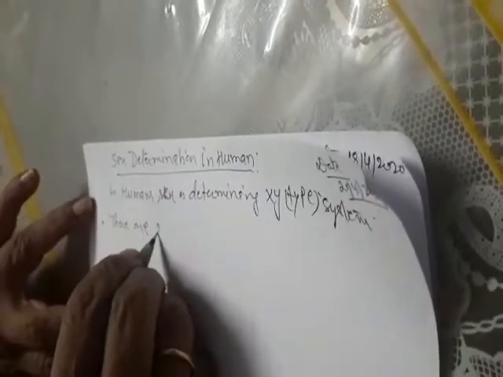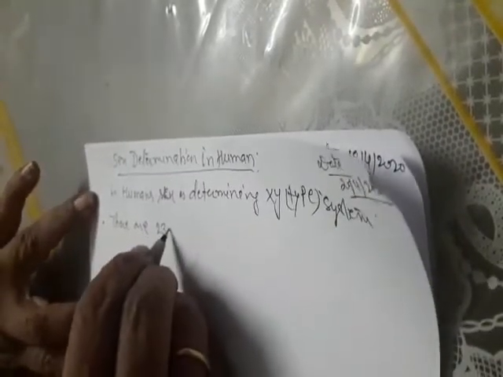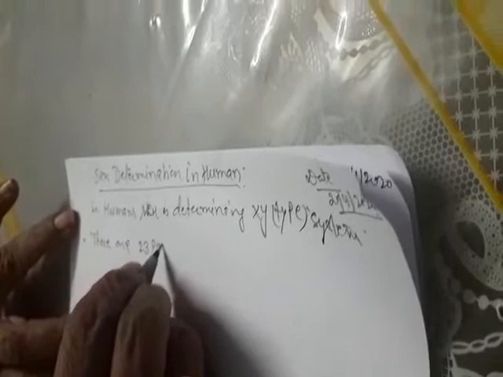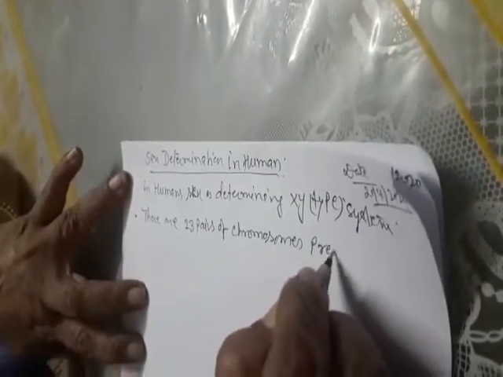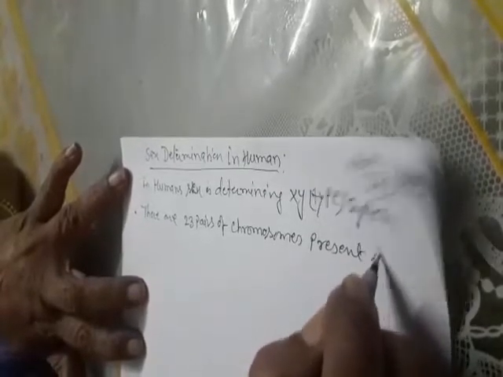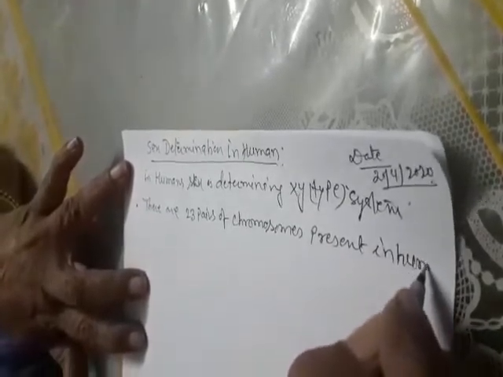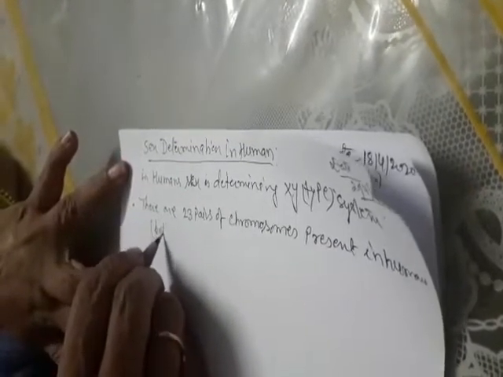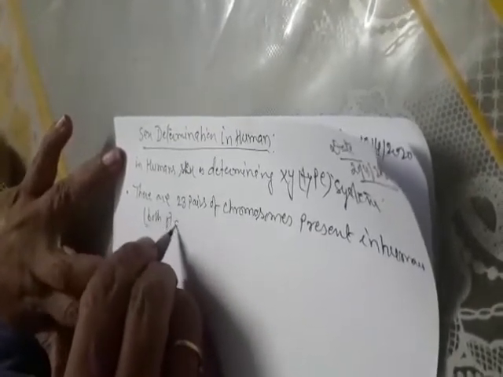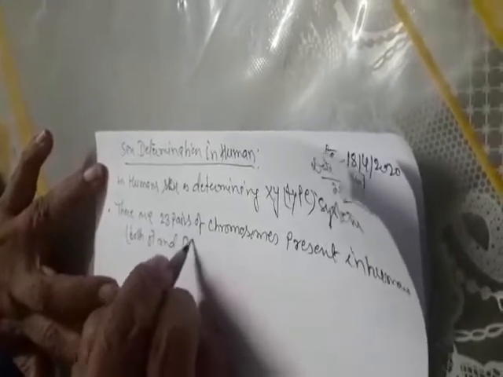There are 23 pairs of chromosomes present in humans, both male and female.